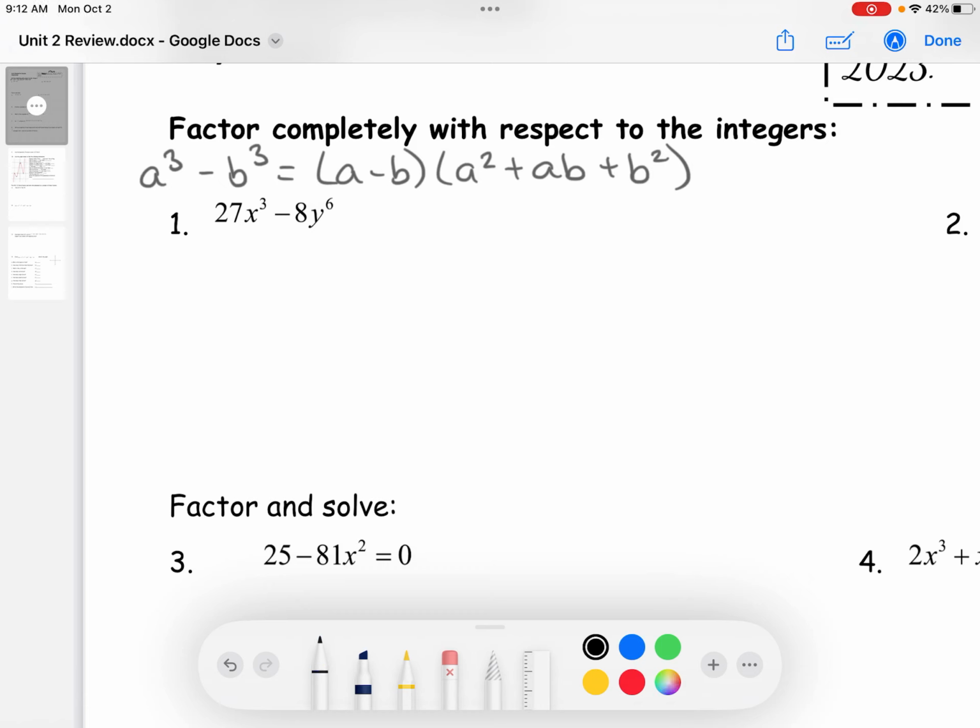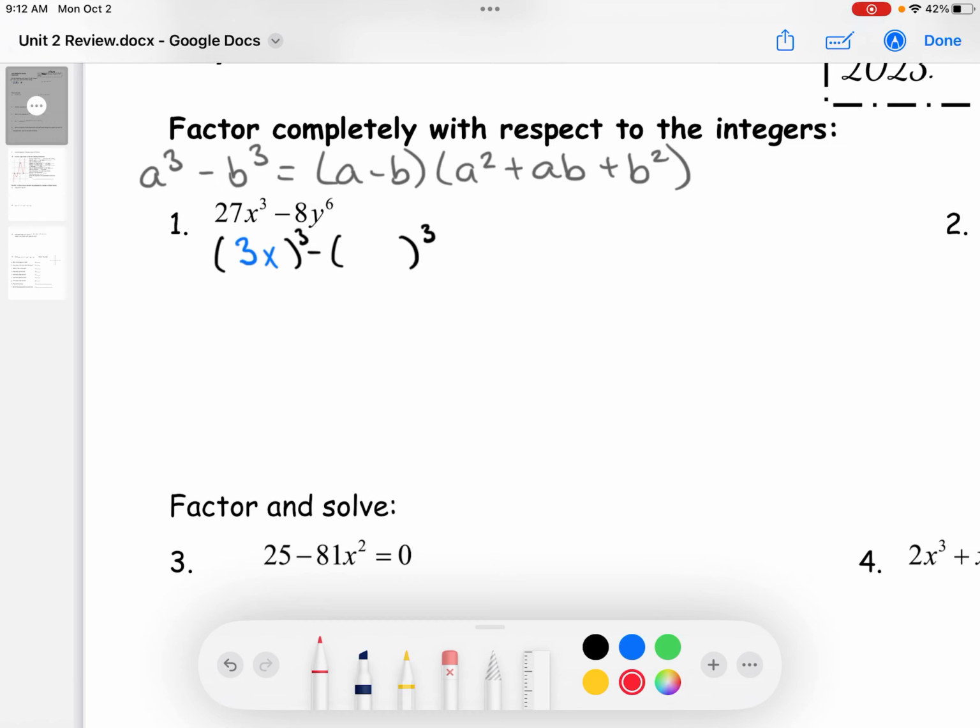So let's take a look at what we have. We have the difference of some cubes, 27x to the third. 27 is 3 cubed. X cubed is x cubed.